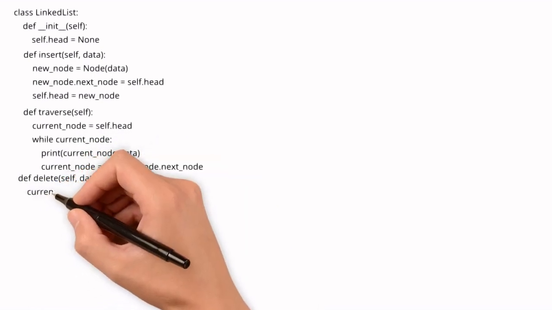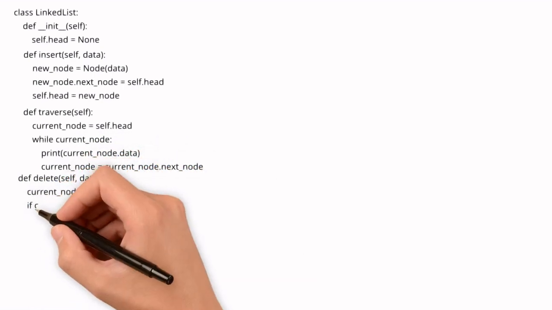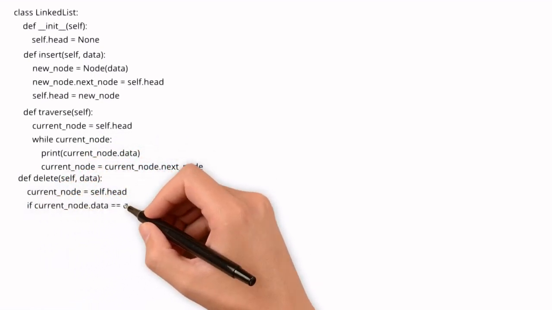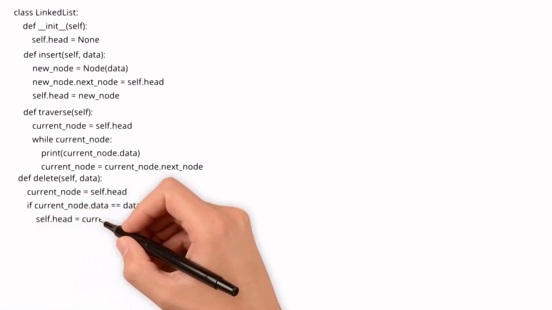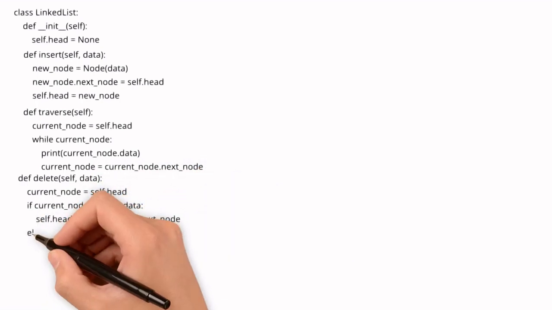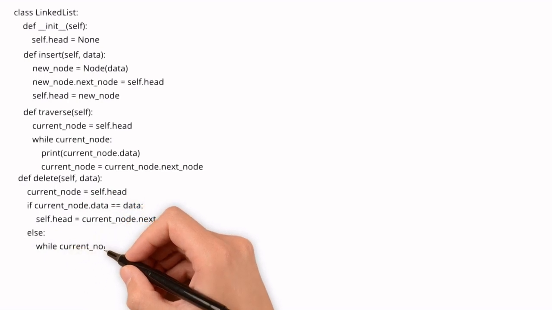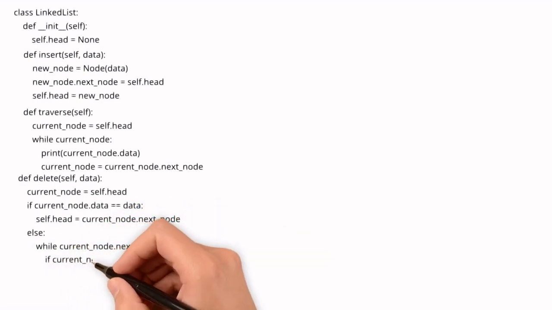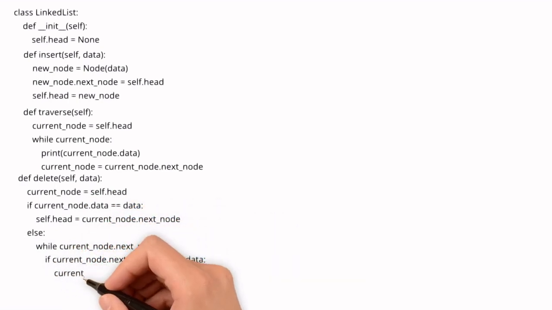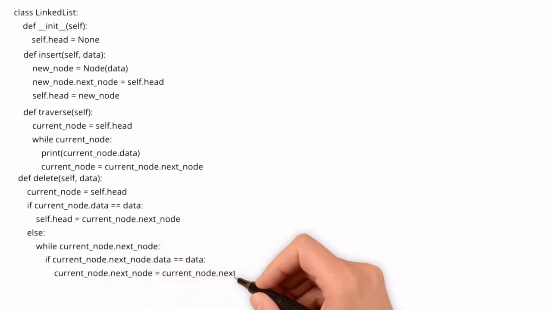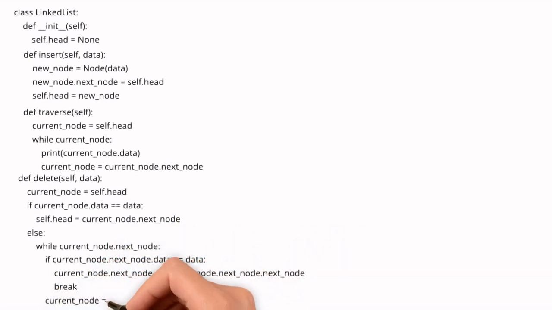Deletion. To delete a node from the linked list, we need to find the node and update its predecessor's next_node attribute to point to the node's next_node attribute. Then, we can delete the node. This code starts with the head node and sets current_node to head. If the node to be deleted is the head node, we update the head to point to the next node.